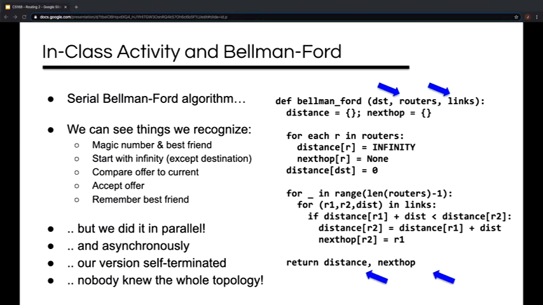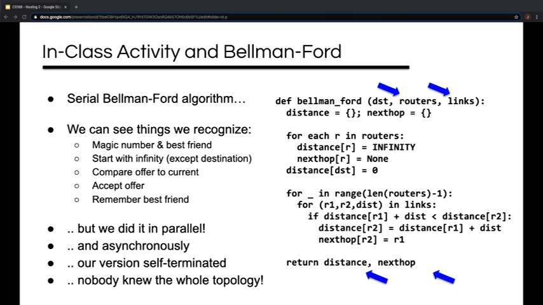And finally, just to drive this home, a difference from the serial version of the algorithm: the inputs to this are all the routers and all the links, and the outputs are all the distances and all the next hops. But that's not what we had at all, right? No single person here knew the whole topology, knew who all the routers were, or even how many routers there were, or who people were sitting next to.